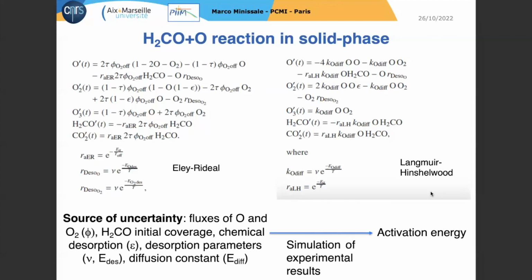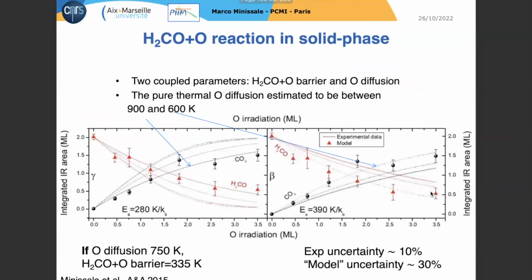But when we try to do the simulation, we see that there are two coupled parameters: the activation barrier for the H2CO plus O reaction, and the oxygen diffusion. If we try to fit our experiment, we can fit it with a similar chi-square if we use a 900 Kelvin diffusion barrier for oxygen, but also if we use 600 Kelvin.